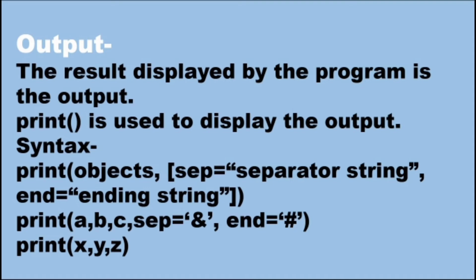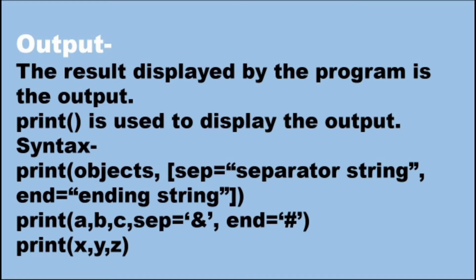But when we provide the end argument and specify any string for it, the cursor will not move on to the next line, but the next print statement's output will be displayed after that character string. So this is the effect of the sep and end arguments.